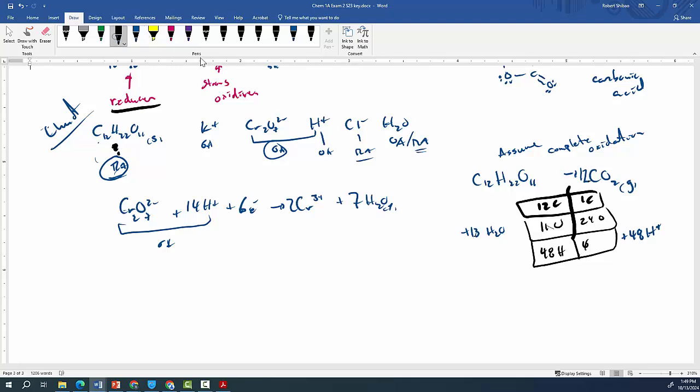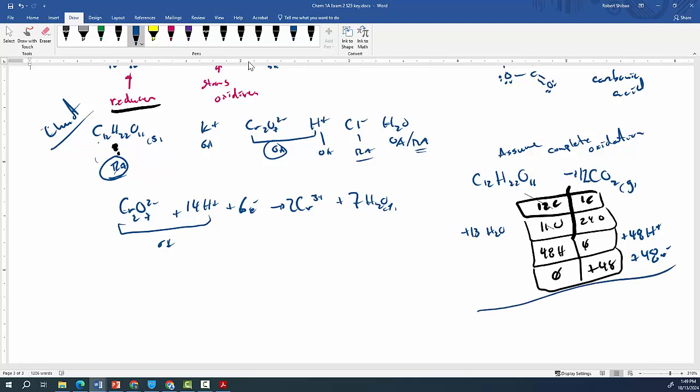Okay, then we look at the charge here. The charge on the left is going to be 0. Sucrose is neutral, water is neutral, CO2 is neutral, but we got plus 48 over here. So I'm going to need to cancel those out with 48 electrons.